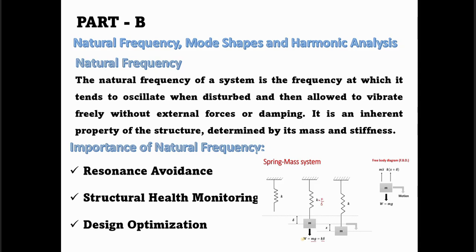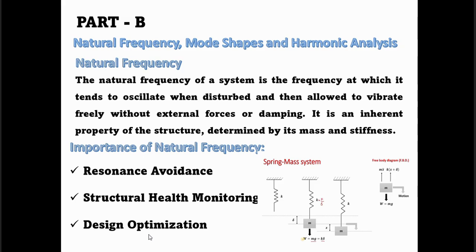If there is any change in the natural frequency, it will indicate damage to a structure or machine component. That change may be in the form of stiffness or mass alterations happening in the system. That is why natural frequency is important in health monitoring of structures or machine components. The third importance is design optimization.